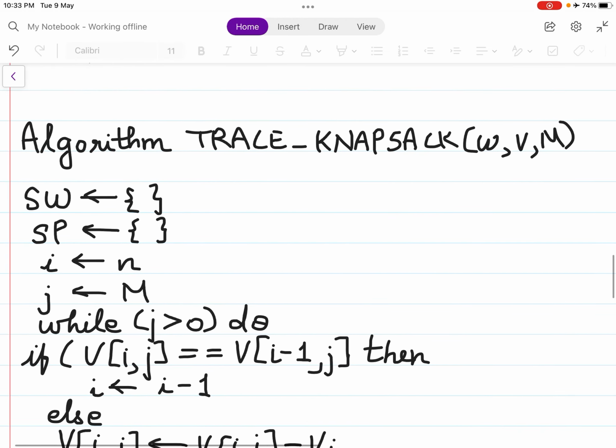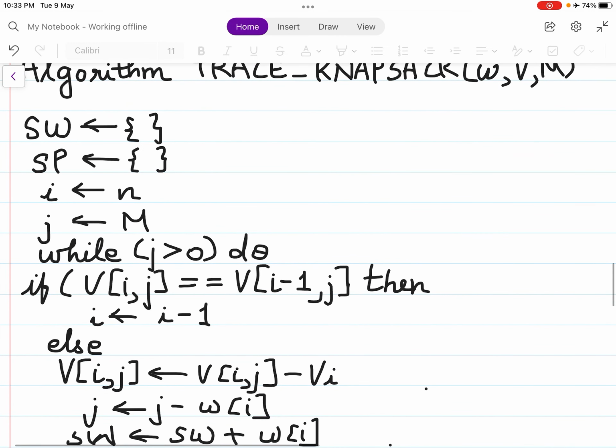Algorithm for trace knapsack: SW is empty, that is the weight and profit SP is also empty. i is n, so n will be assigned to i, m will be assigned to j. While j is greater than 0, do: if V of i, j equal to V of i minus 1, j, then i minus 1 will be i.